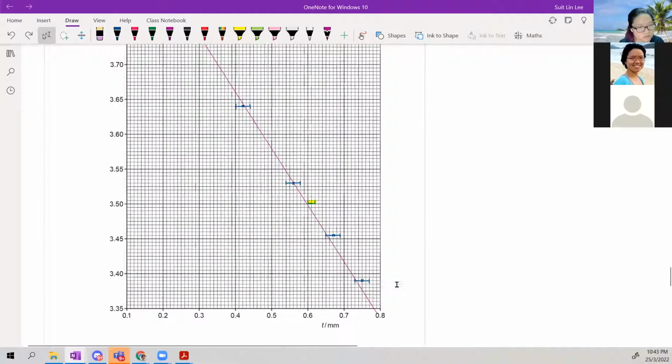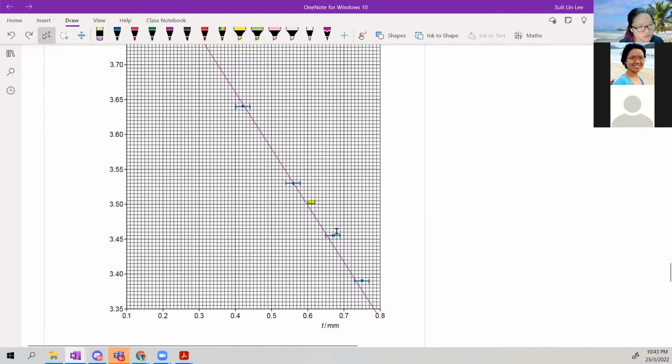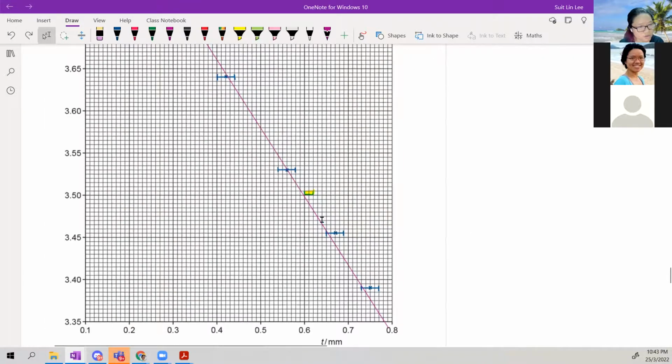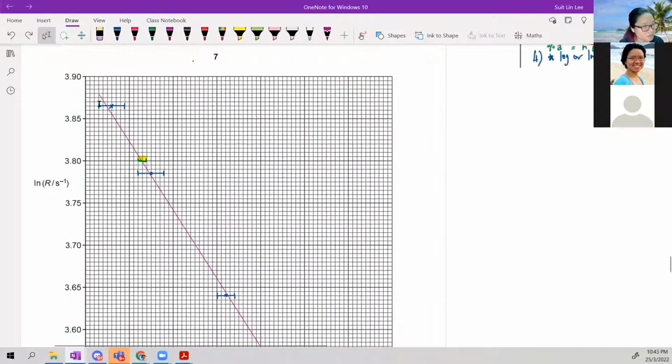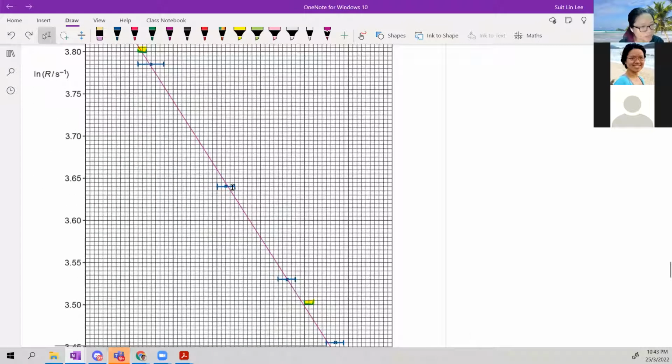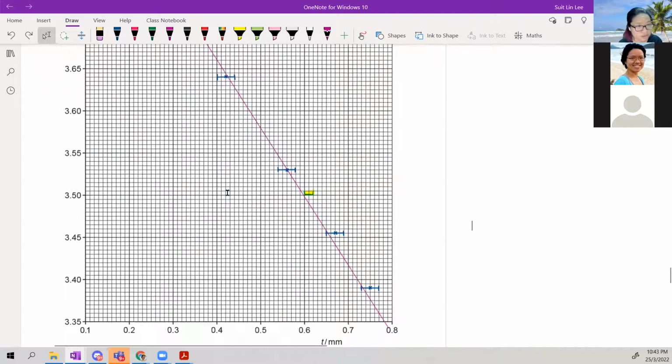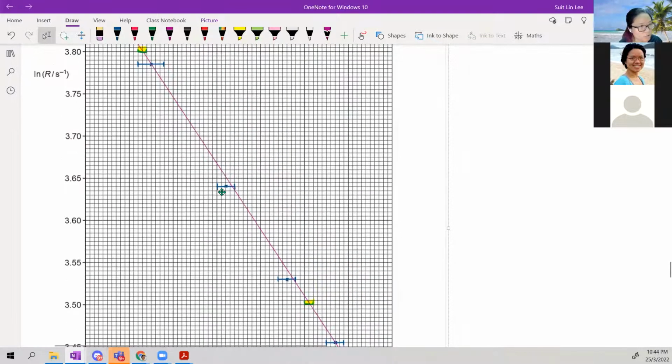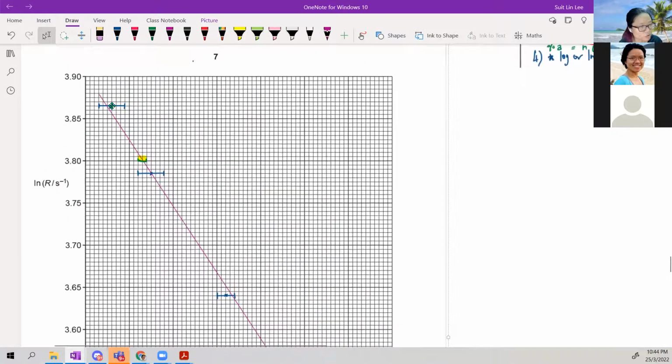Does that make sense? The other point cannot balance the other 3 points. So we have to move this slightly higher so that we have some points beneath the line as well. So something like this, we have 2 points beneath the line and 1 point on top of the line.